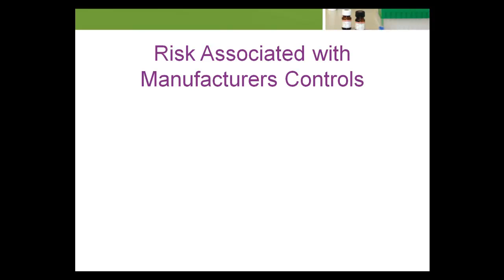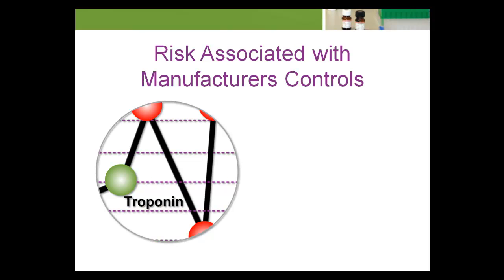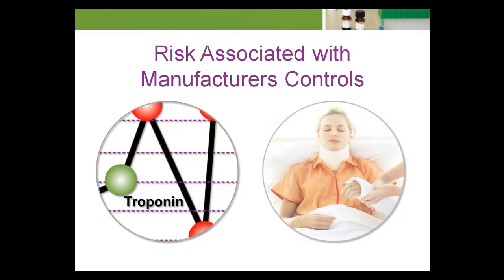The risk associated with using manufacturer controls has been present for decades. For example, in the 90s, one of the first troponin assays was introduced with the manufacturer providing its own control material. Labs running the manufacturer's control observed unexpected swings in patient test results, but the manufacturer's control consistently performed within expectation.